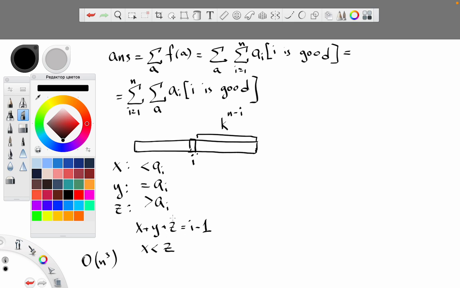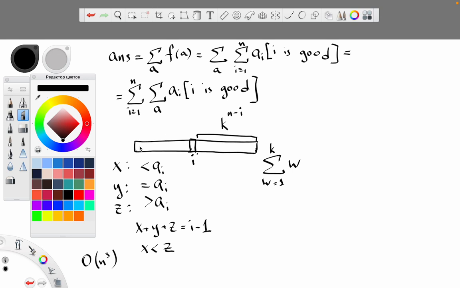And now, for x, y, z fixed, we want to look at all the arrays that have these parameters, and we want to sum up the value of this thing over them. Well, okay, so how does that look? We will try that value w.